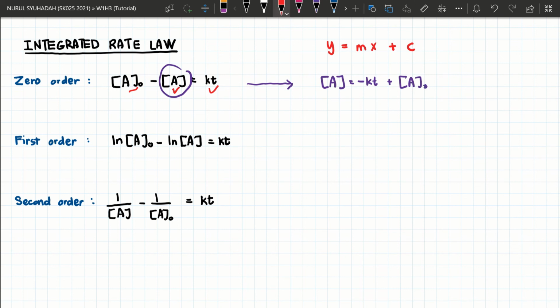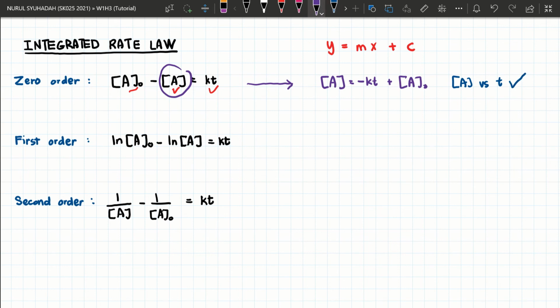Meaning, if it's a zero order reaction, once you plot concentration of A against time, you will get a linear graph.